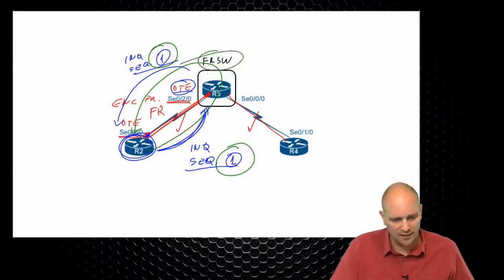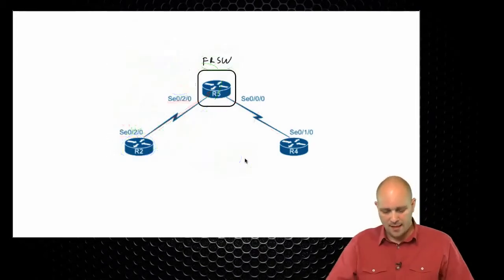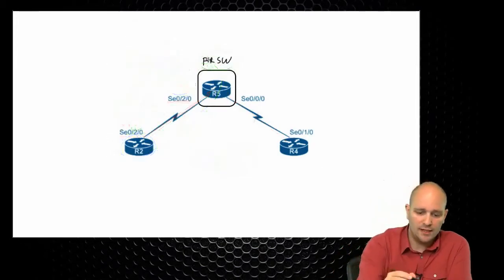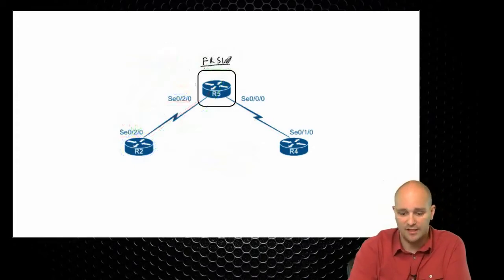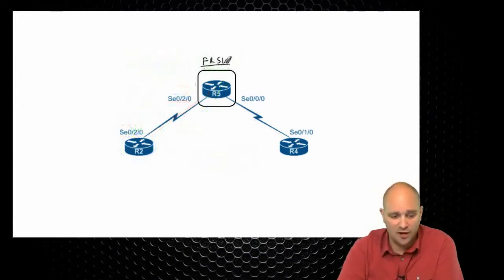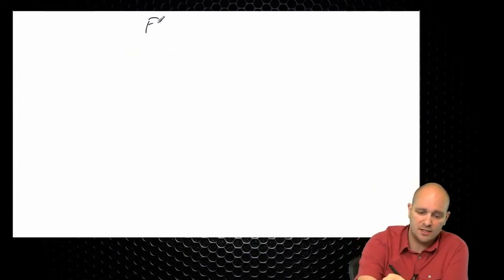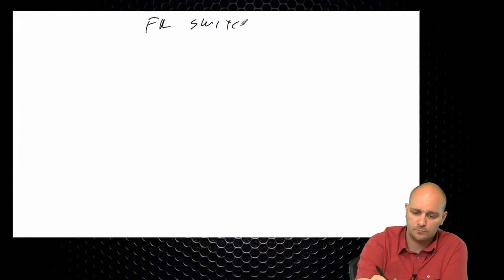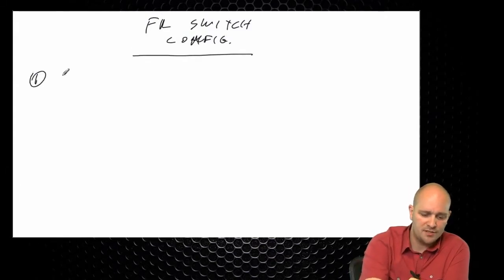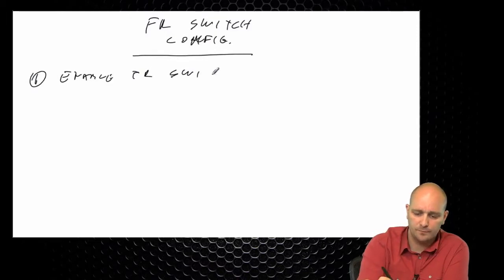So I'm going to again create a copy of this page. I'm going to go here, and now what we need to do is configure our R5 as the frame relay switch. The configuration for that is very, very simple. So let's say just frame relay switch configuration. These are the steps. First, enable frame relay switching globally.